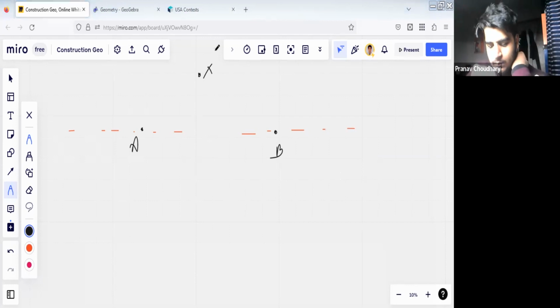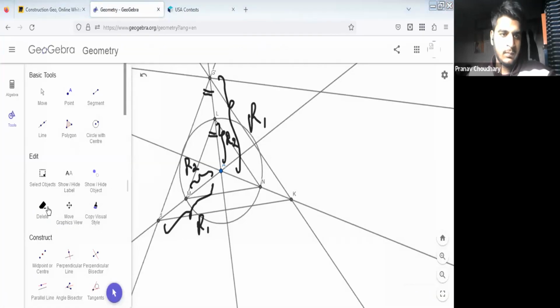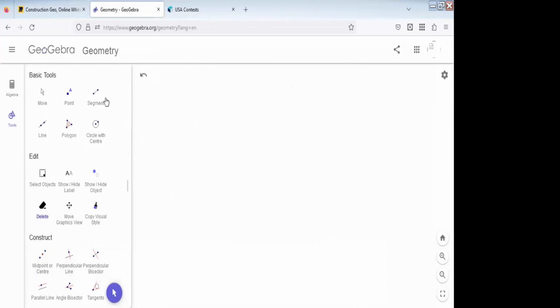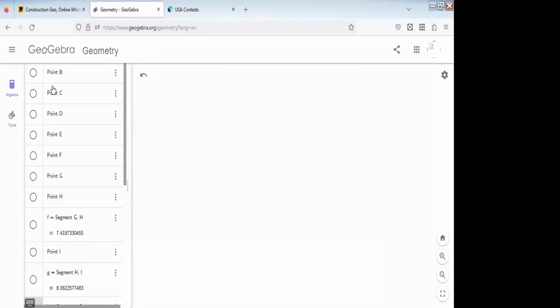Yes, you have a compass. What we can do is set the compass, the fixed point at A and the pencil at X, and we can draw an arc. And we can do the same thing from B. The second intersection point is the mirror image.